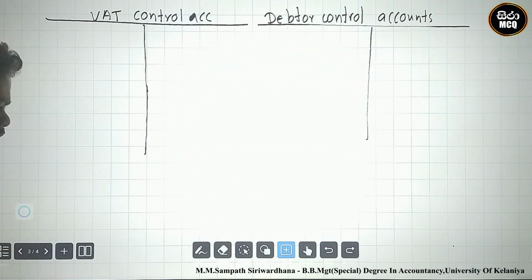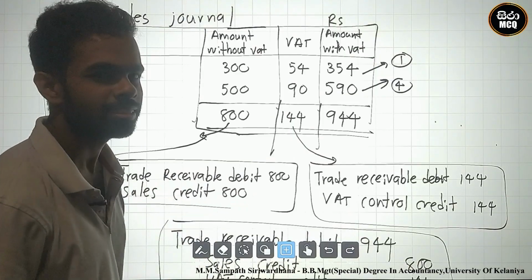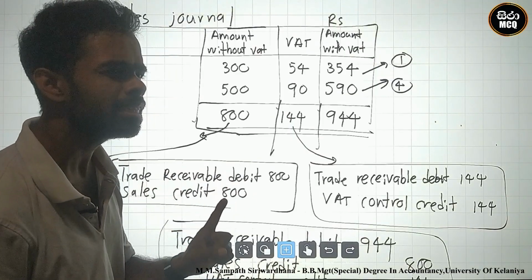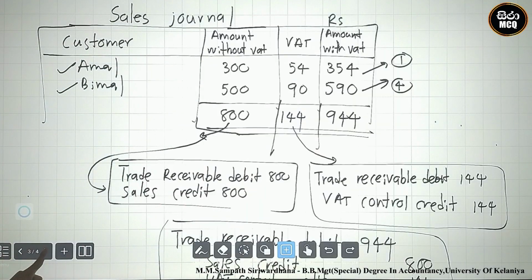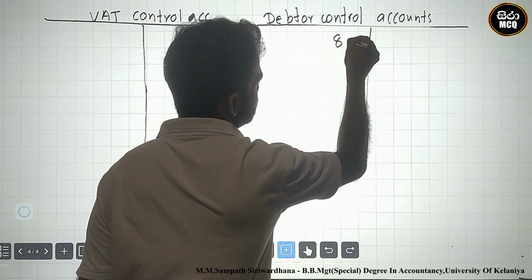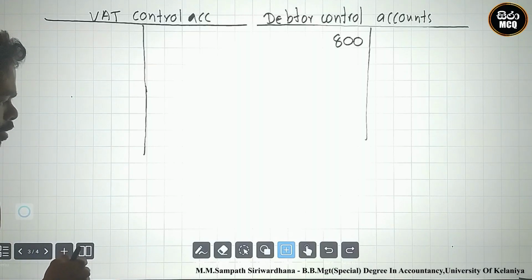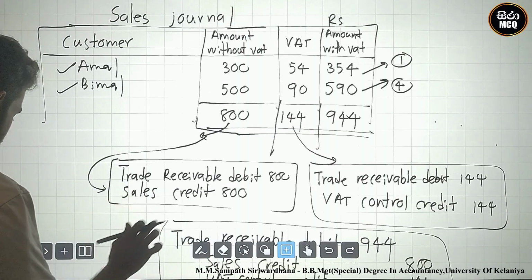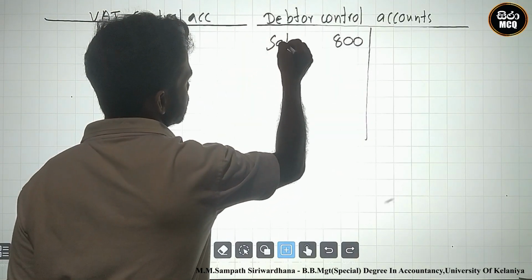Look here, this one, trade receivable debit. Trade receivable means debtor control debit 800. We must debit 800. What is the description? Description means the opposite side, the sales account, so I write sales.